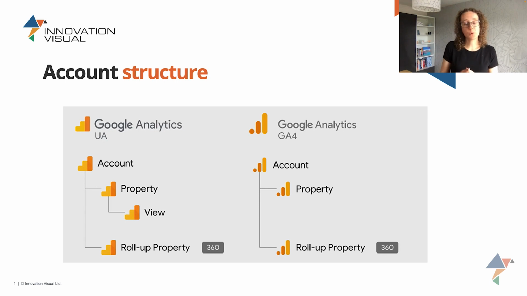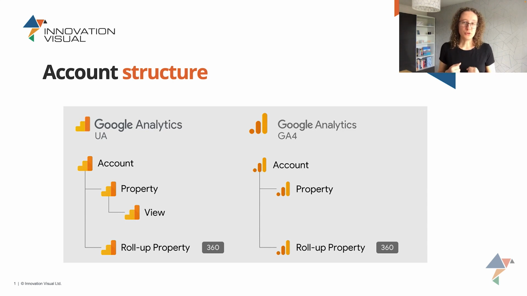For example, we might have views by regions. You might have a UK view, and then you might have an all regions view. We would also use the views to filter your data. You might filter out some bots or some spam traffic, and then we would create a kind of master view with all your data as a safety net.